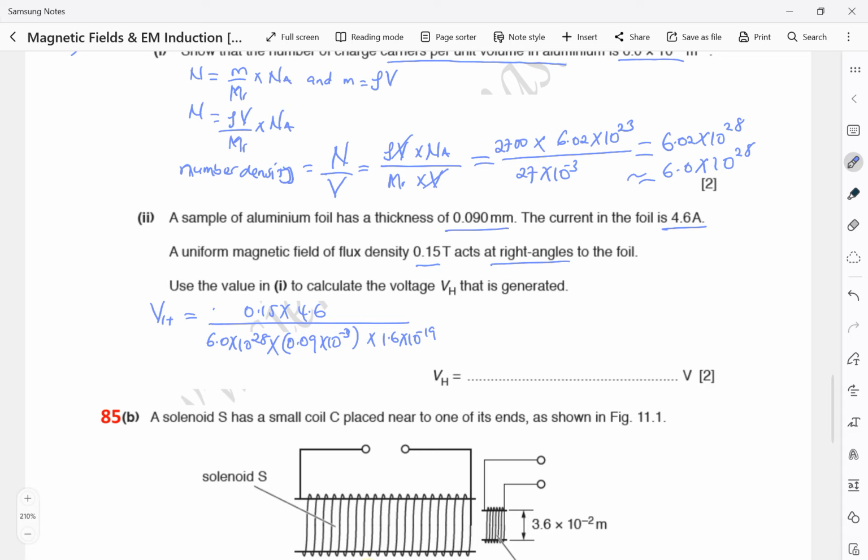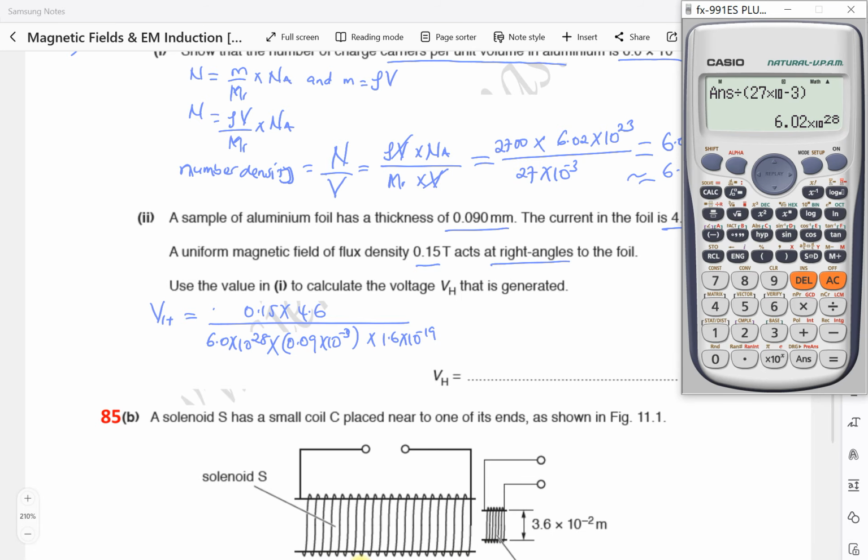So we just press our calculator. 0.15 times 4.6 divided by 6 exponent 28, divide by 0.09 exponent minus 3, divide by 1.6 exponent minus 19.